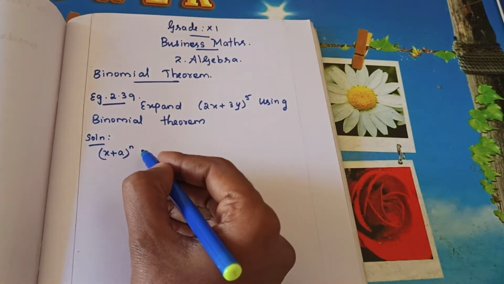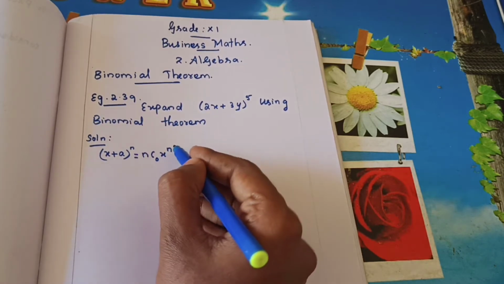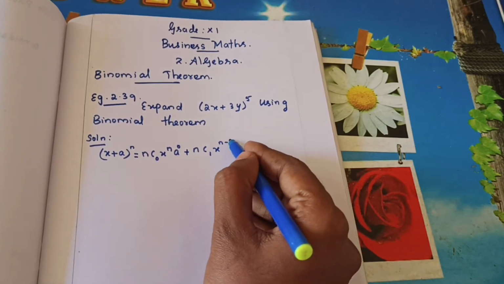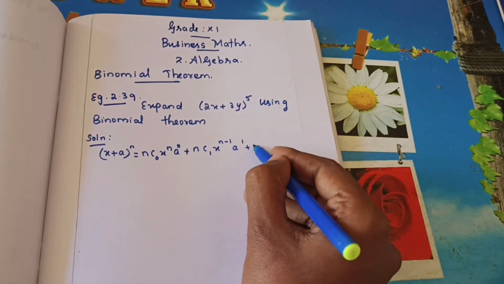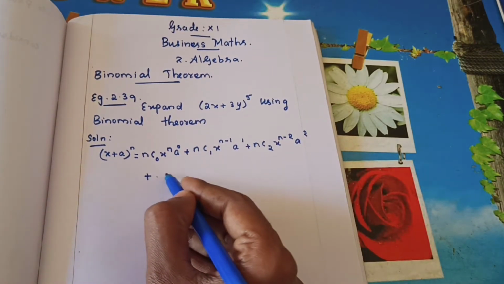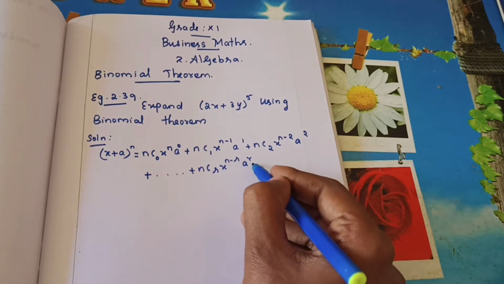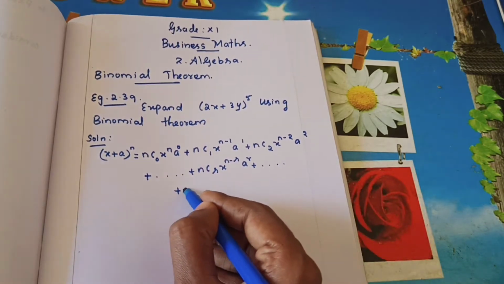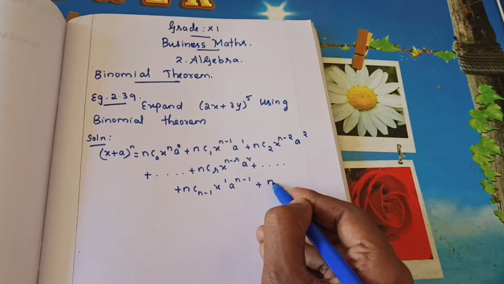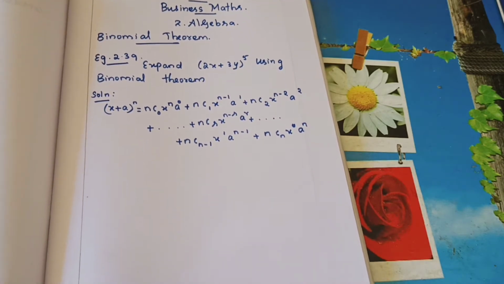That one you have learned in the last class. x plus a the whole power n means nC0 x power n a power 0, plus nC1 x power n minus 1 a power 1, next term nC2 x power n minus 2 a power 2, plus etc., then nCr x power n minus r a power r, plus etc., plus nC(n minus 1) x power 1 a power n minus 1, plus nCn x power 0 a power n. Listen here students, you need to learn this expansion, then only you can do the problems.